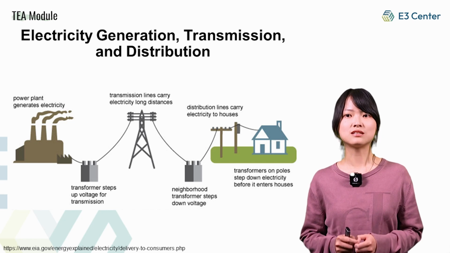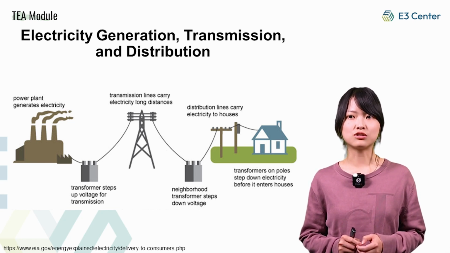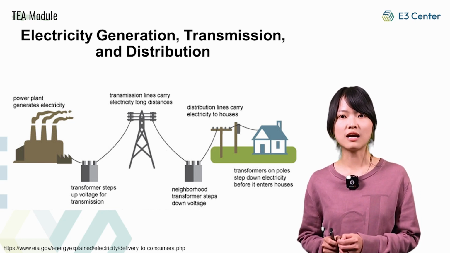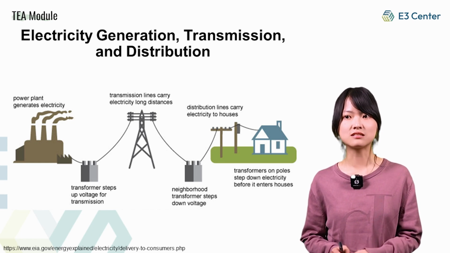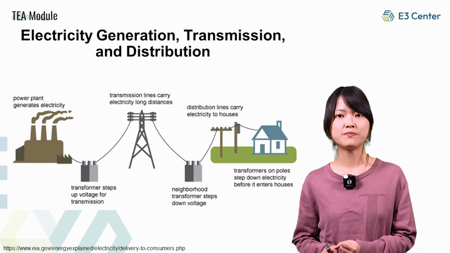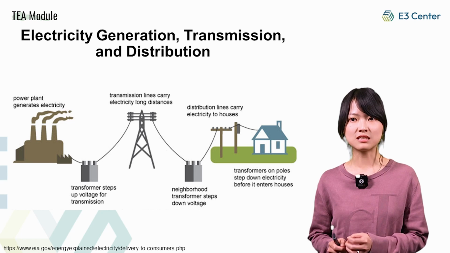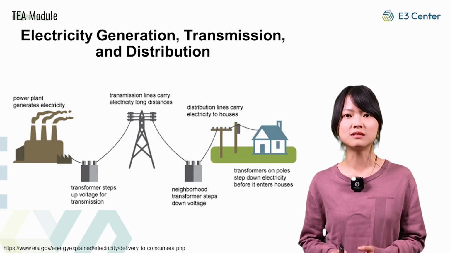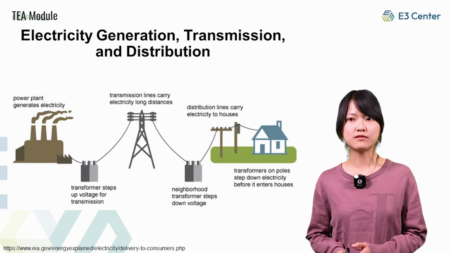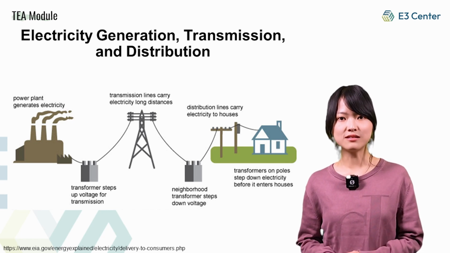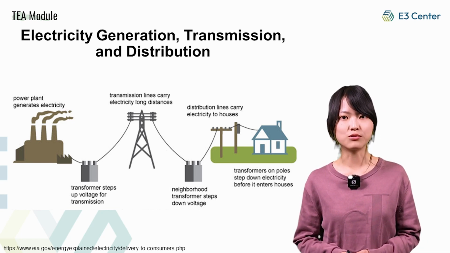For long-distance transmission, the voltage is increased to reduce the energy loss over the distance. Once the electricity nears the consumption points, it goes through a series of neighborhood transformers that step down the voltage to safer, usable levels before it enters the local distribution networks.